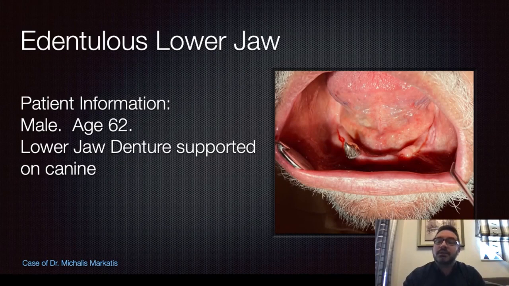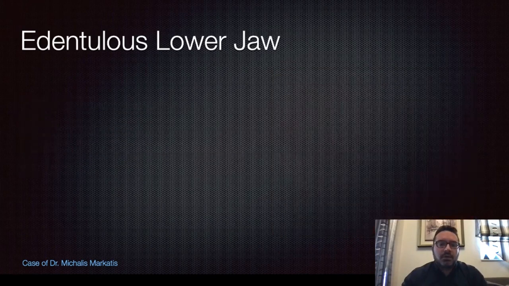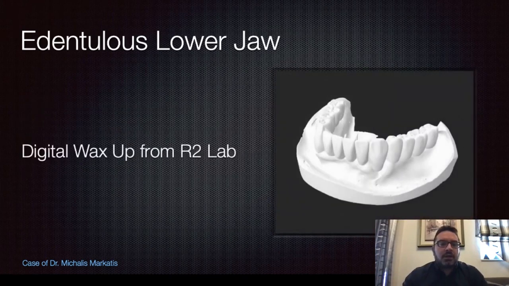for our surgical guide, and because the implants will be placed too close to the canine, we didn't want to lose the bone after the extraction. Here is the digital workup that we get from our R2 lab center.